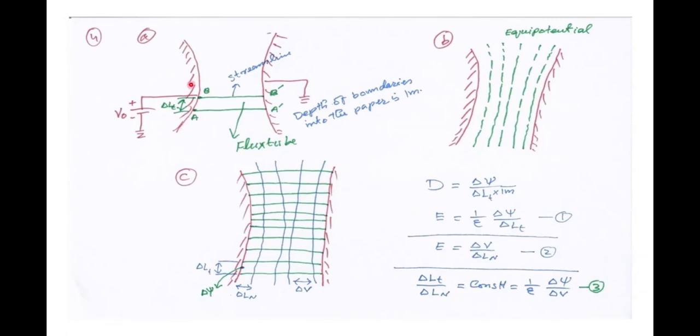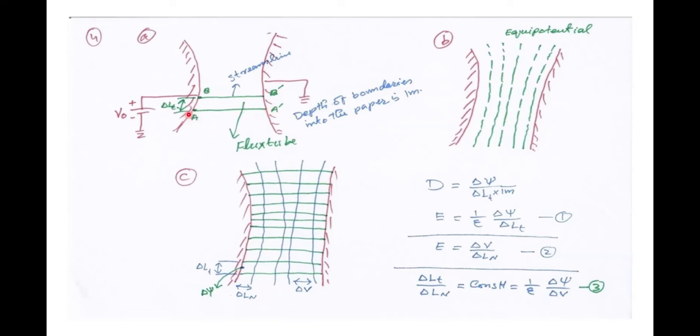Let us consider two conducting boundaries denoted by red curves, on the left and right side. The left conducting boundary is connected to high potential, and the right conducting boundary is connected to zero potential. The depth of these conducting boundaries is 1 meter into the screen or paper.